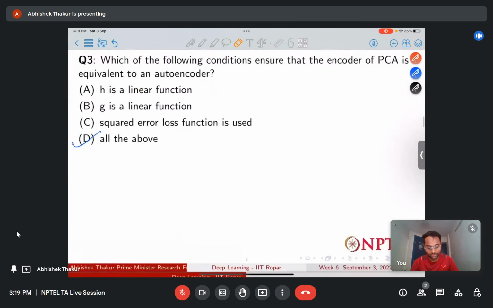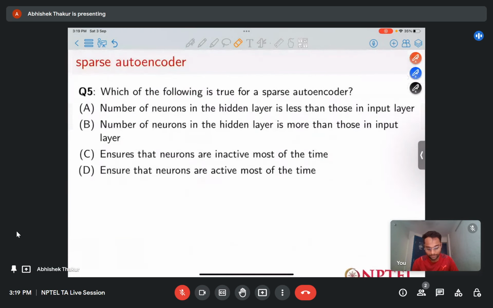If the dimension is more, then that is overcomplete autoencoder. So the number of neurons in the hidden layer being more than those in the input layer is the case of overcomplete autoencoder. This is also not true. Ensures that neurons are inactive most of the time. This is the correct option. And ensures the neurons are active most of the time. Actually, option C is correct because it keeps neurons inactive most of the time.